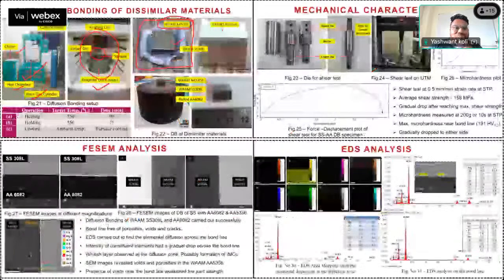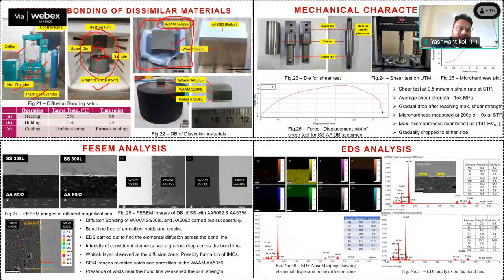So that's why, after keeping it in the furnace in the diffusion bonding setup, on one side we have taken SS308L, and the other side we've taken aluminum alloy 5356. After diffusion bonding, this is the diffusion bonding parameters that we have used. Heating the furnace to about 550 degrees Celsius, because the melting point of aluminum is 653 degrees Celsius.